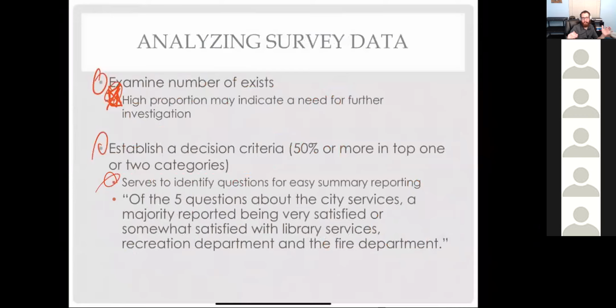You don't want to get in that habit if you can avoid it. You want to call attention to, even if it's not 50%, maybe it's 40% or more, or a plurality. So a plurality of people, 37%, agree with the following statement. Maybe that's what you want to call attention to, so you don't have to spell out the minutia.